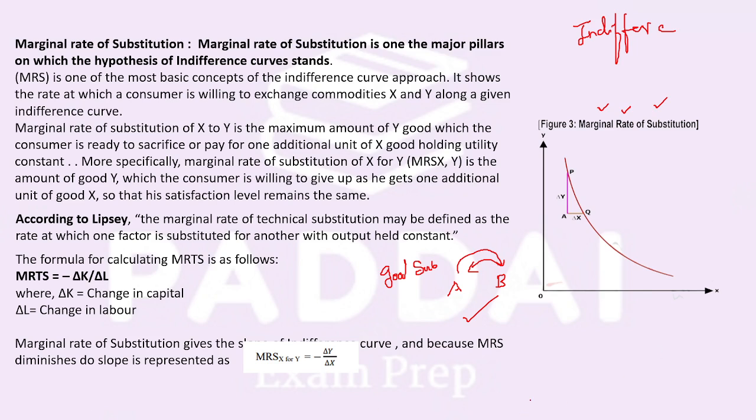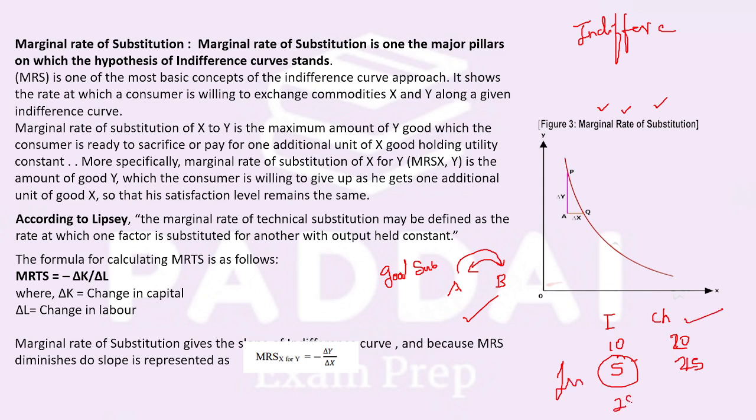Now what happens in indifference? So ice cream and chocolate, 10 and 10, 5, so now 10 and 20, 5 and 15. What is happening? There is a substitution. So this is 25. What is happening here? The substitution is happening. 5 ice cream is being substituted by chocolate.